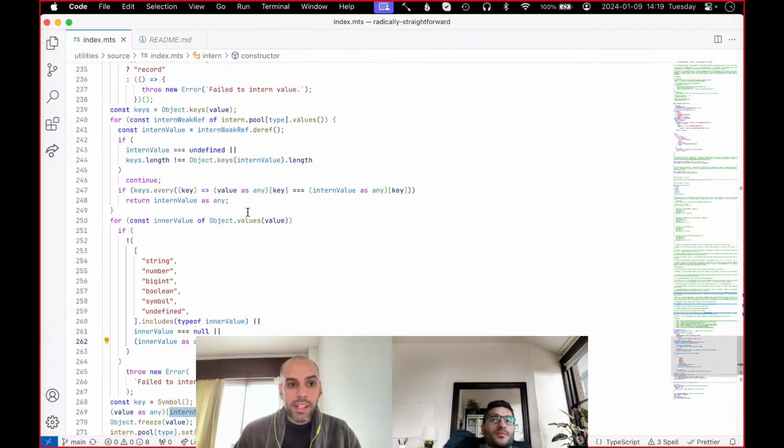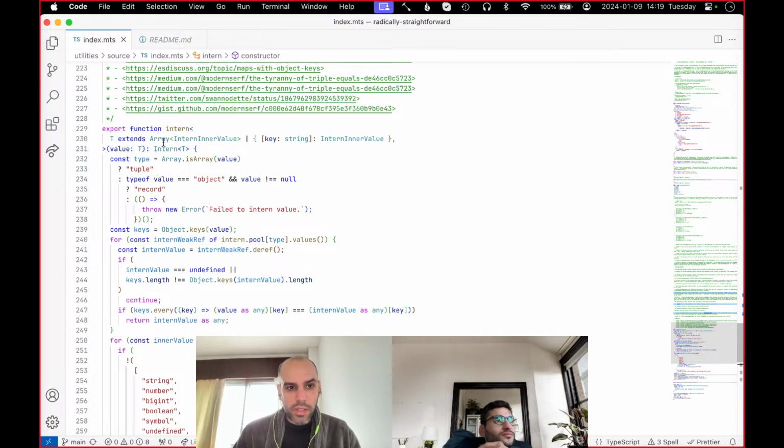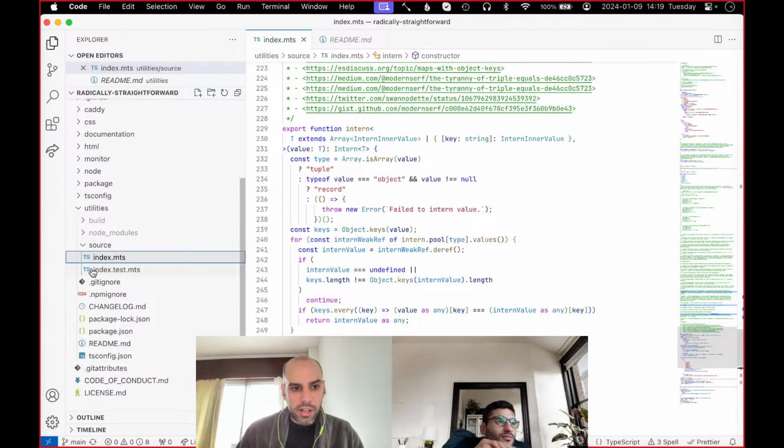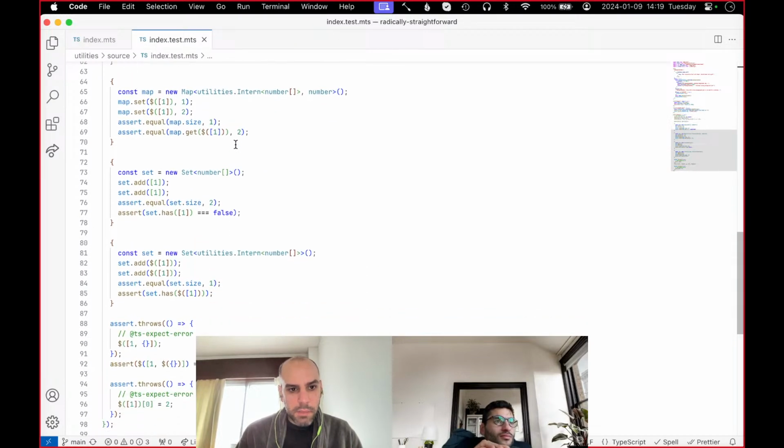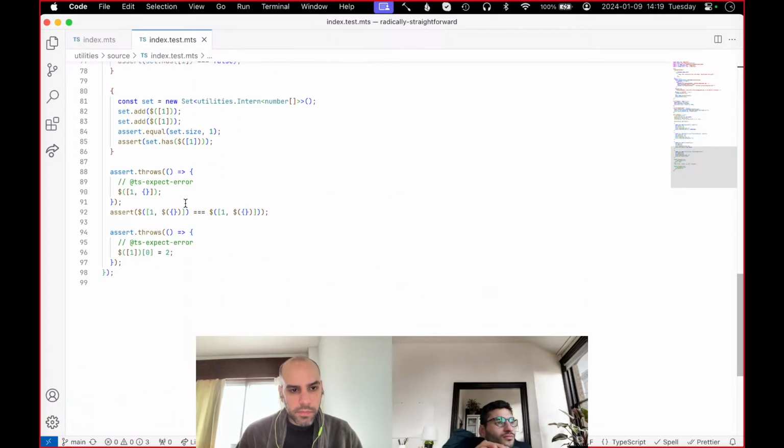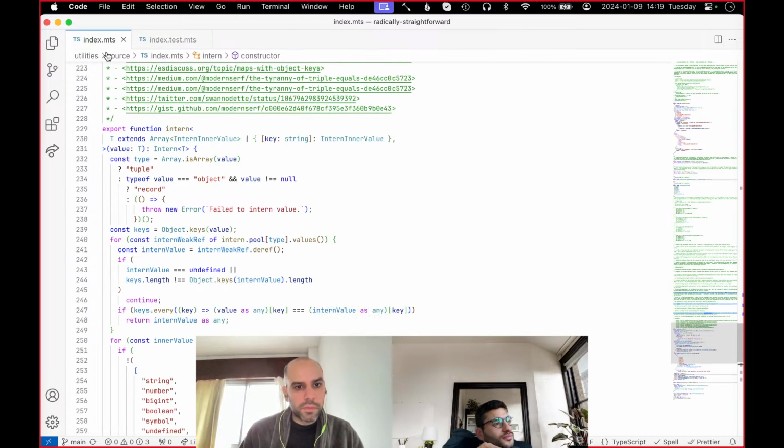Also, I made the types correct. So if you try to intern things that are not mutable, for instance, coming back to the example in the documentation, this example fails to compile. This annotation is saying to TypeScript, you should find an error here. Yeah. Which I think is really cool.